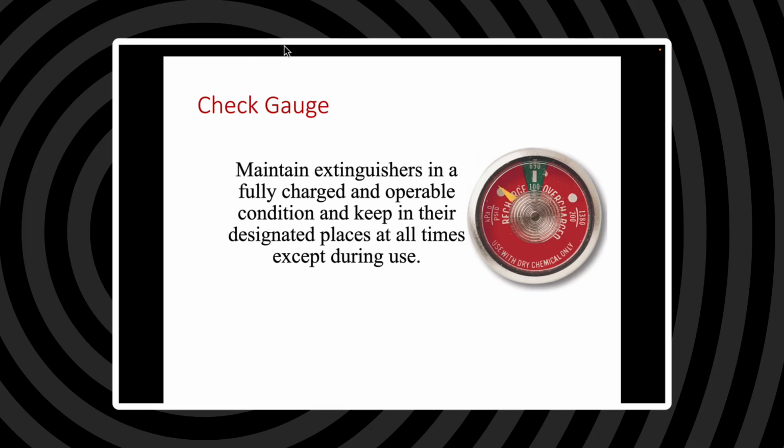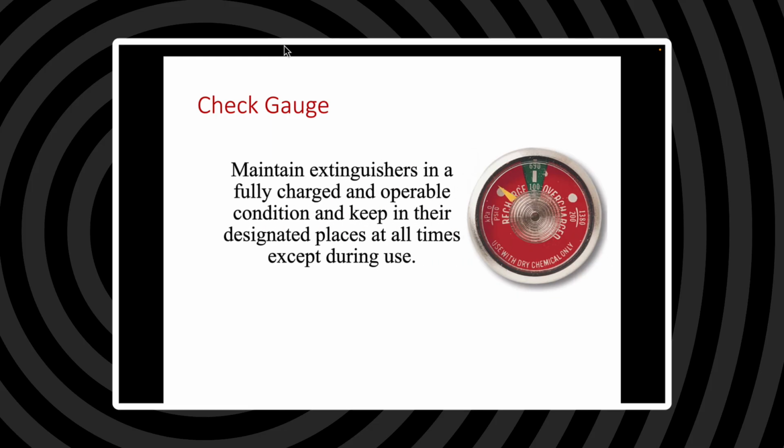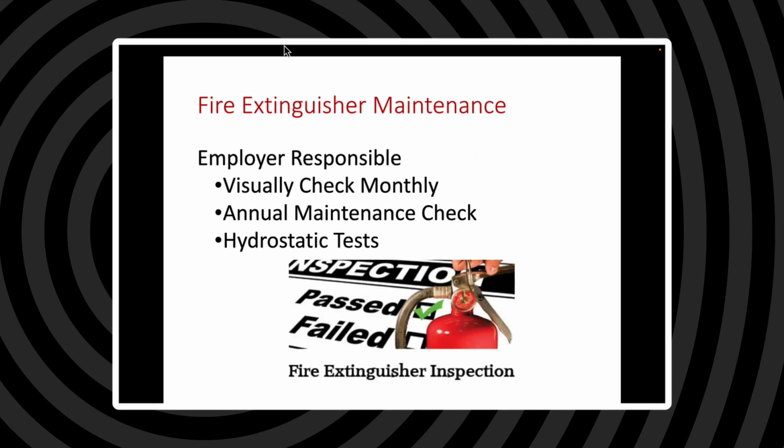The gauges on all extinguishers must be fully charged and operable all the time. Take notice of this as you walk by the extinguishers. For fire extinguisher maintenance, the employer is responsible to provide monthly visual inspections, annual maintenance checks, and then hydrostatic checks based on the type of extinguisher.